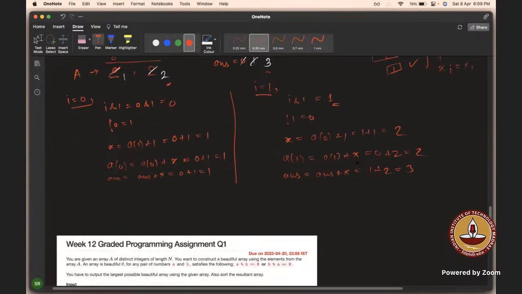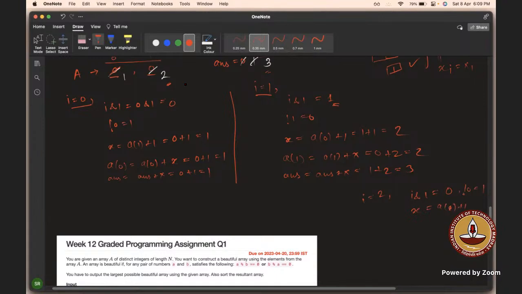And let's finally take i equals 2. What happens is i AND 1, 2 AND 1, it gives a 0 because 2 was even. So now x becomes NOT of 0, which is 1. So a1 plus 1, right?